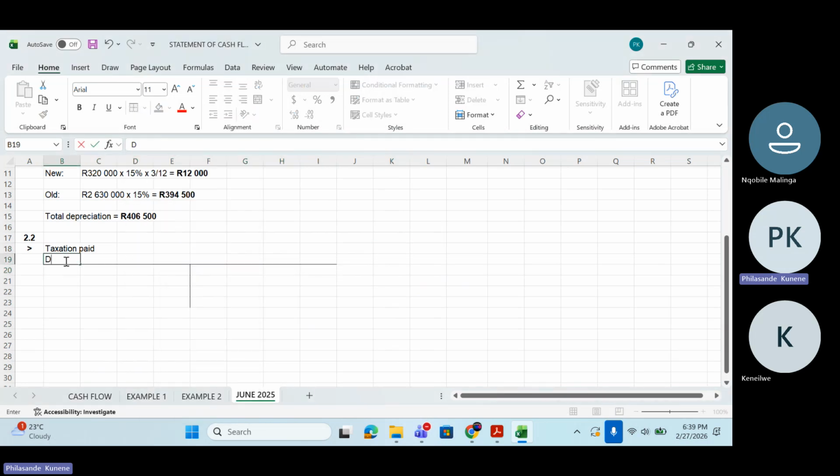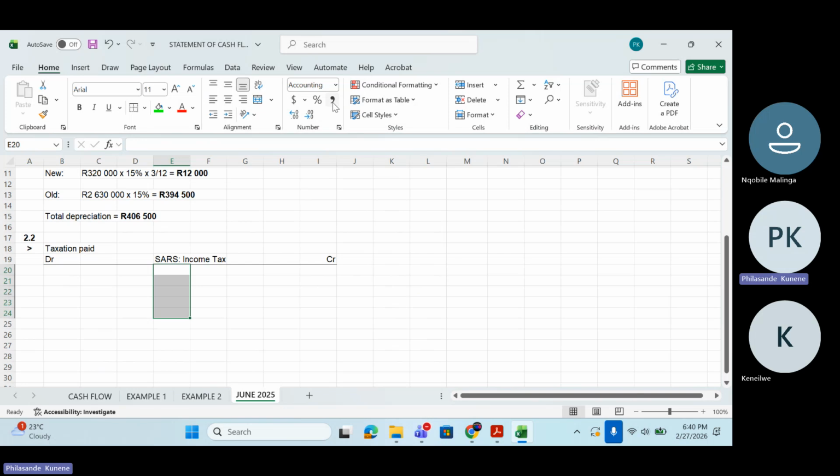I'm going to have debits on this side and credits this side. And then here, what am I going to say? Taxation. This is SARS income tax. The account that we're preparing is the SARS income tax account.